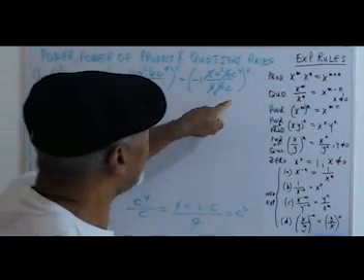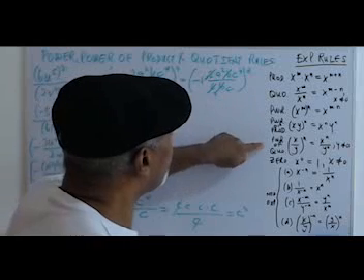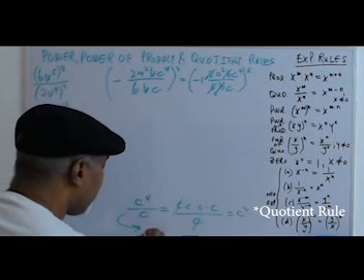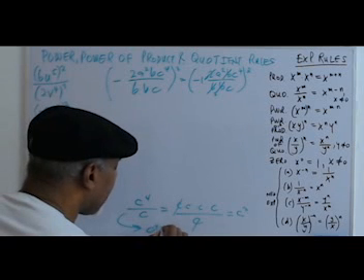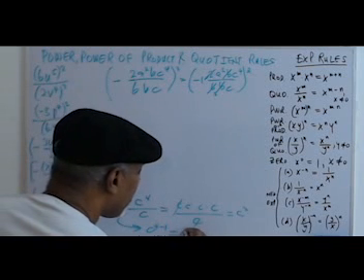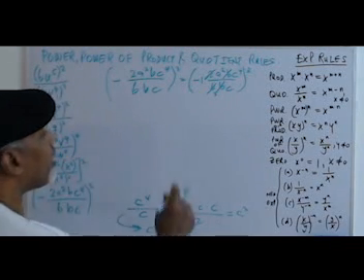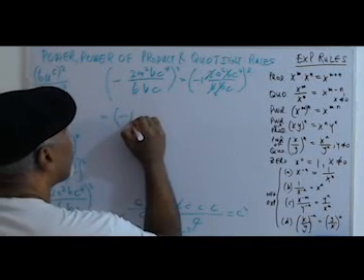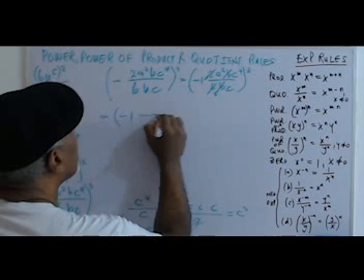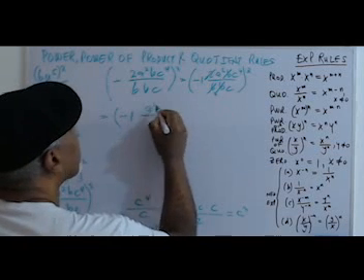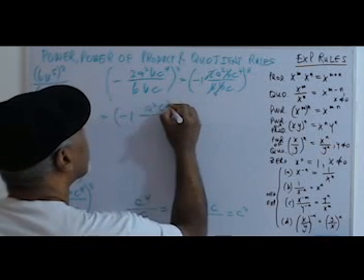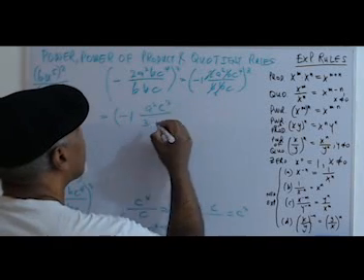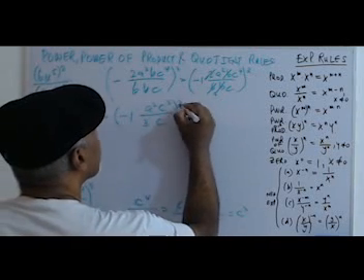But within the problem, we could have used the power of a quotient rule there. So this is equal to c to the 4 minus 1, which is c to the 3rd. So what's left in here is negative 1. In the numerator we have a squared c cubed. In the denominator we have 3, and c, all of that is still cubed.